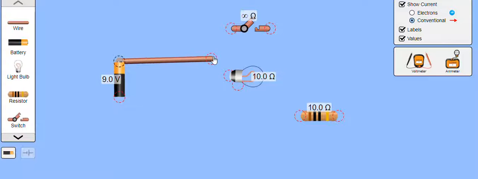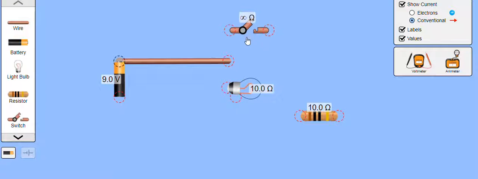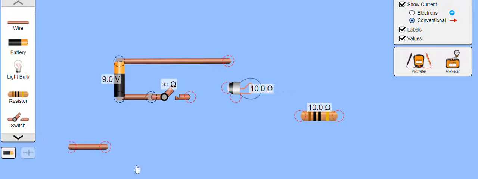So I am going to connect it. Also we can use the switch for controlling the operation. I have connected the switch also, like this.